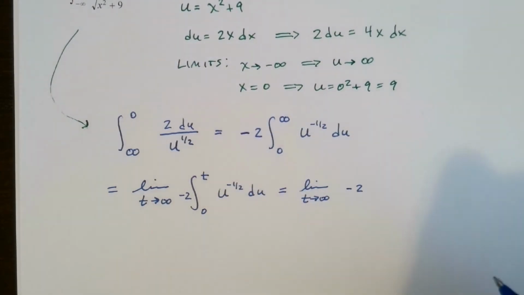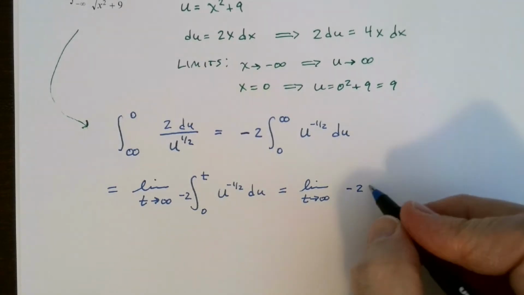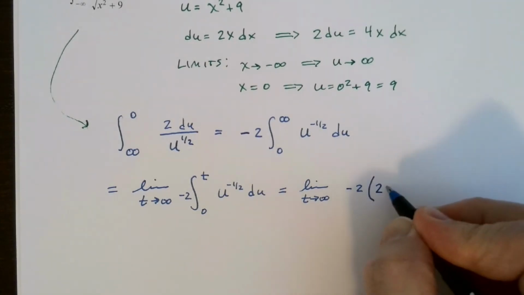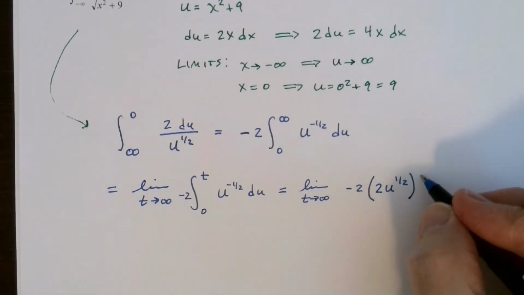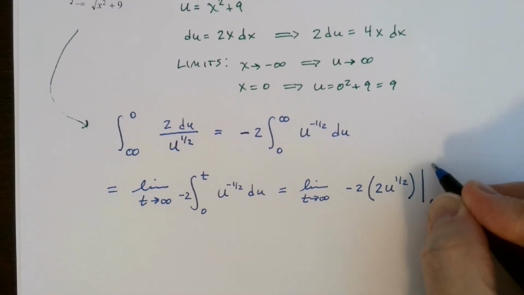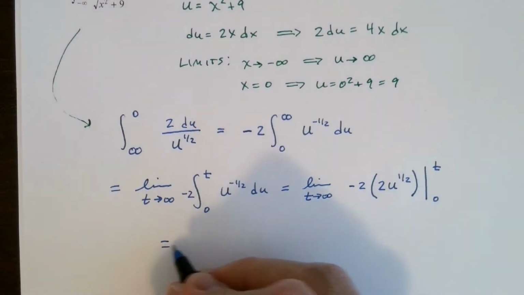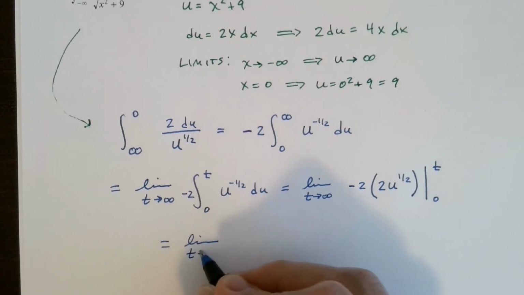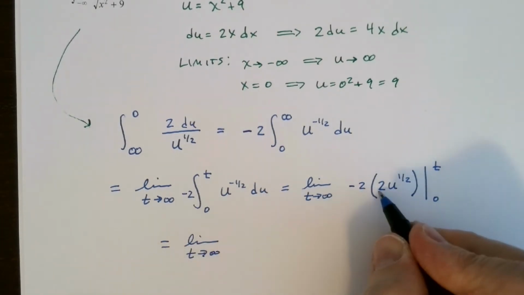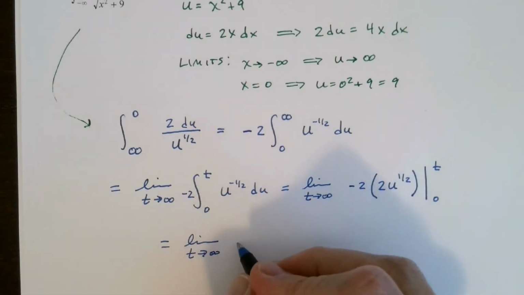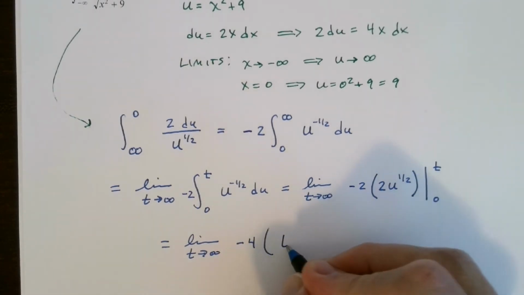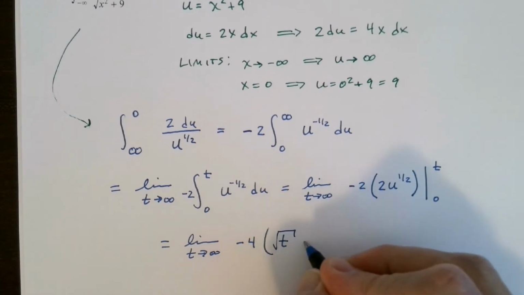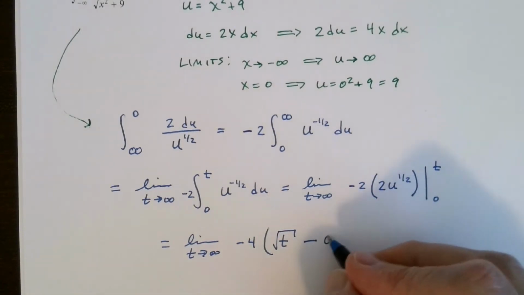If I add 1 to negative 1/2, I get positive 1/2. So u to the positive 1/2 divided by 1/2 is 2 times u to the 1/2. Negative 2 times 2 is negative 4. So I get negative 4 times u to the 1/2 evaluated at t, which is the square root of t, minus 0 to the 1/2, which is just 0.